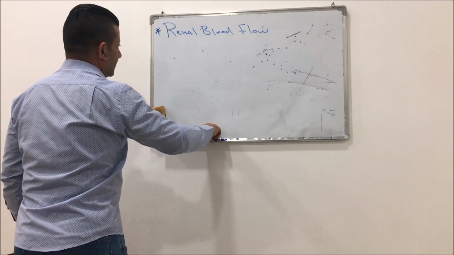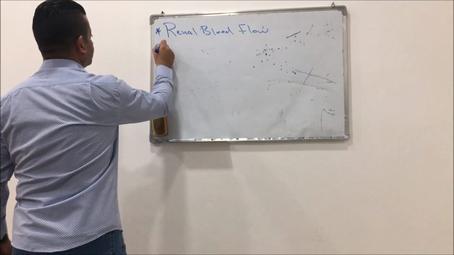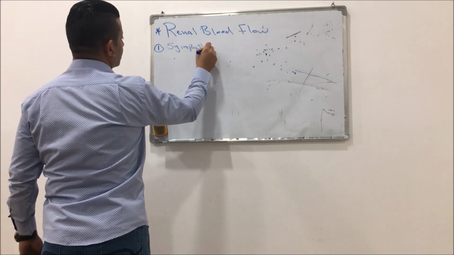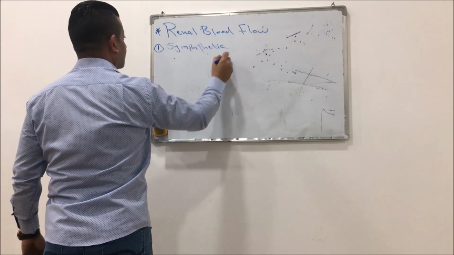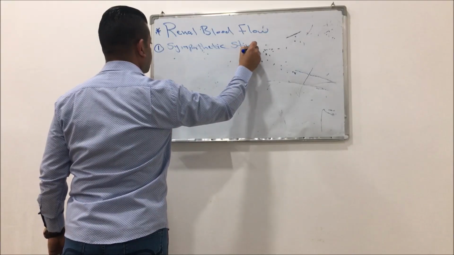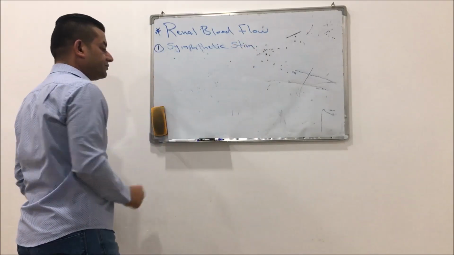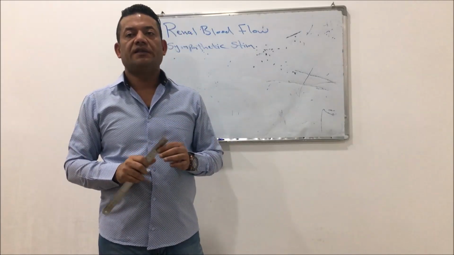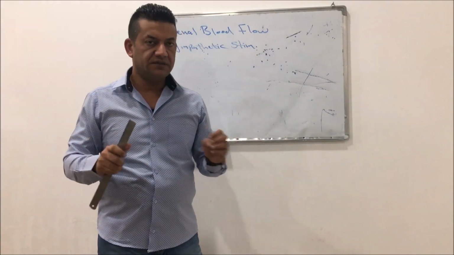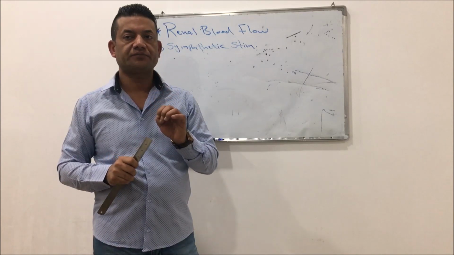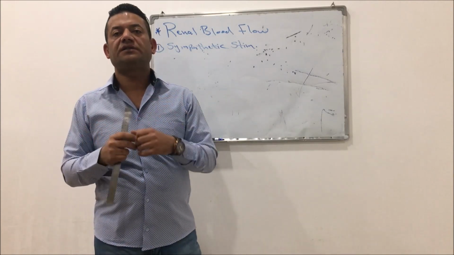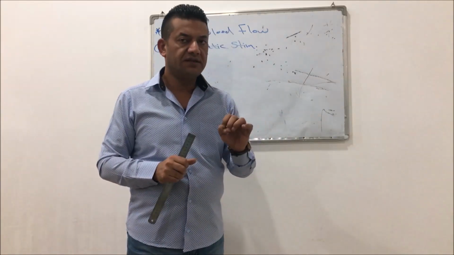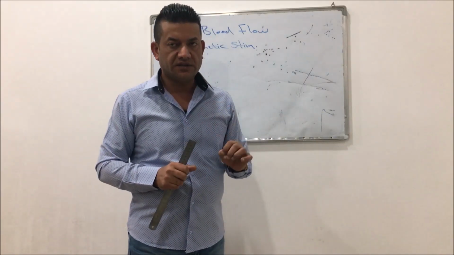is, number one, sympathetic stimulation. You know that the renal arteriolar bed, especially the renal afferent and efferent arterioles, are innervated by sympathetic nerve endings.